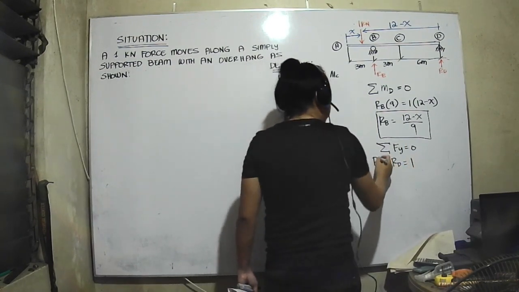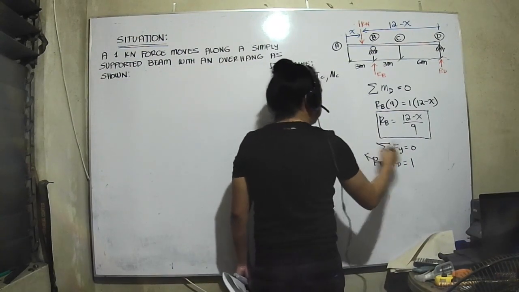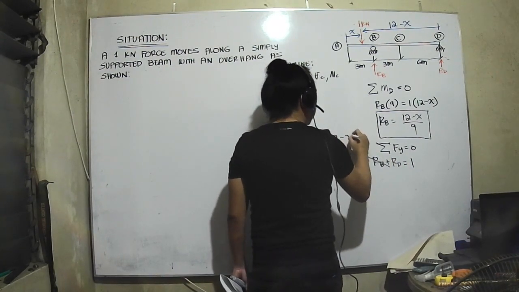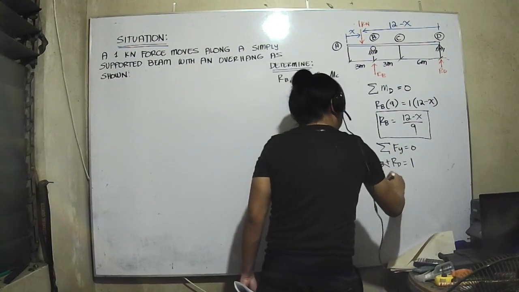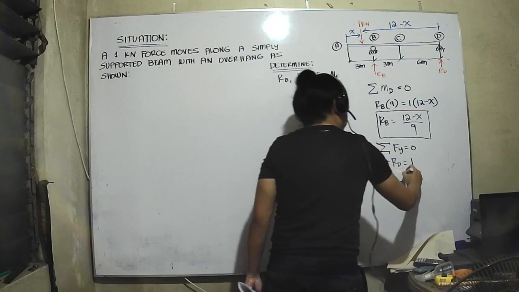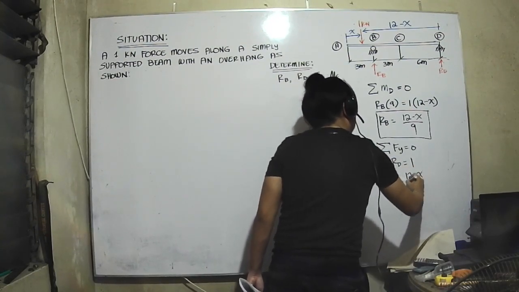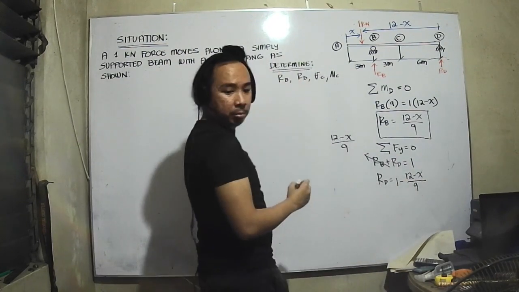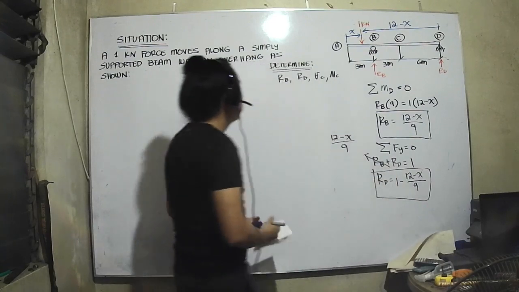But we also understand that RB is equal to 12 minus x divided by 9. So, RD should be equal to 1 minus this over here, 12 minus x over 9. Okay? Just need to place this inside the box.